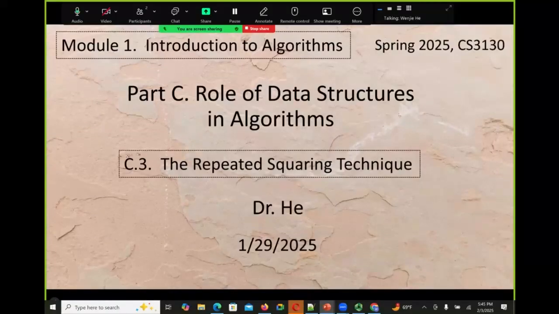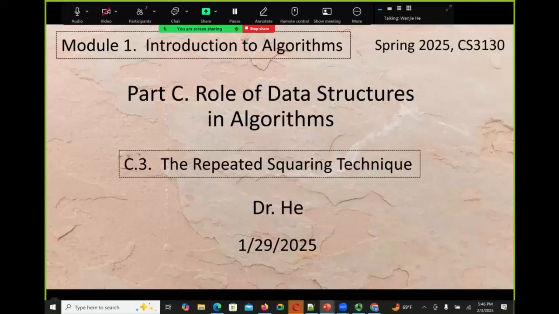Repeated squaring technique. I showed you one example before, but here I want to explore this technique. So we keep doing square operations: square, second square, third square. We keep doing squares to make our monomial evaluation more efficient.